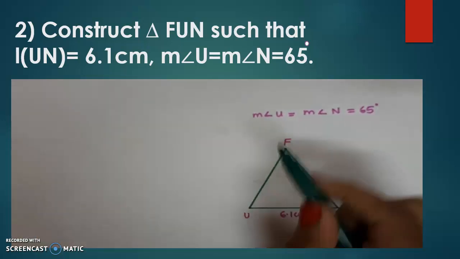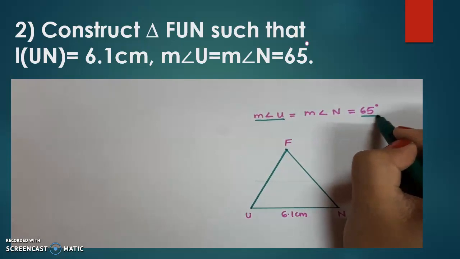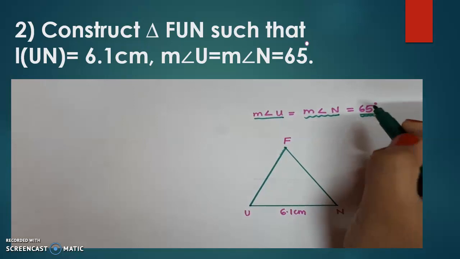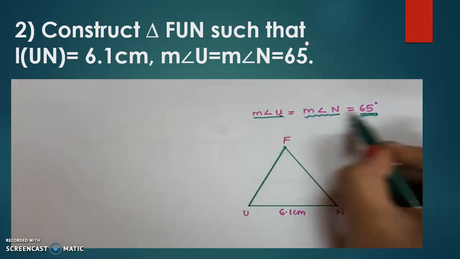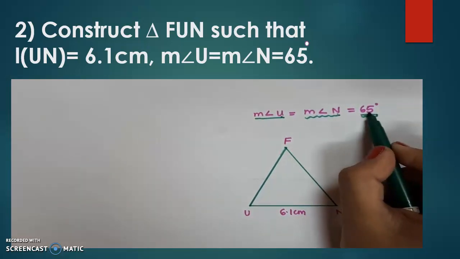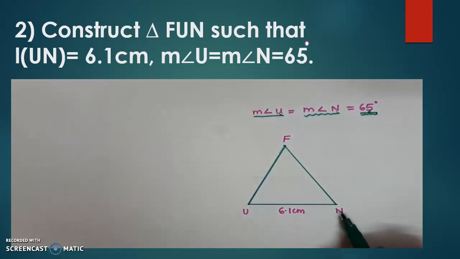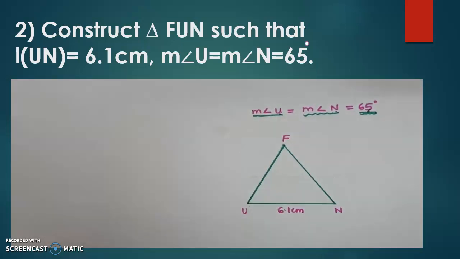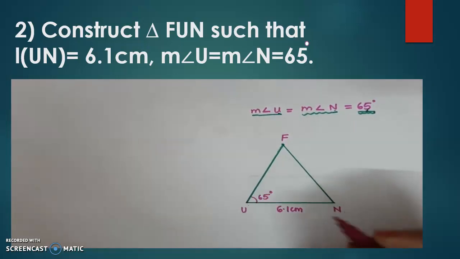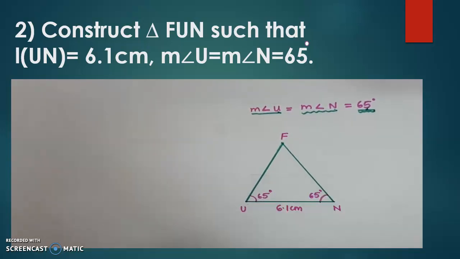Further it is given measure angle U is equal to measure angle N is equal to 65 degree. Now what does that mean? It means that angle U is equal to 65 and also angle N is equal to 65. So for U we will write 65 degree and for N also we will write 65 degree.